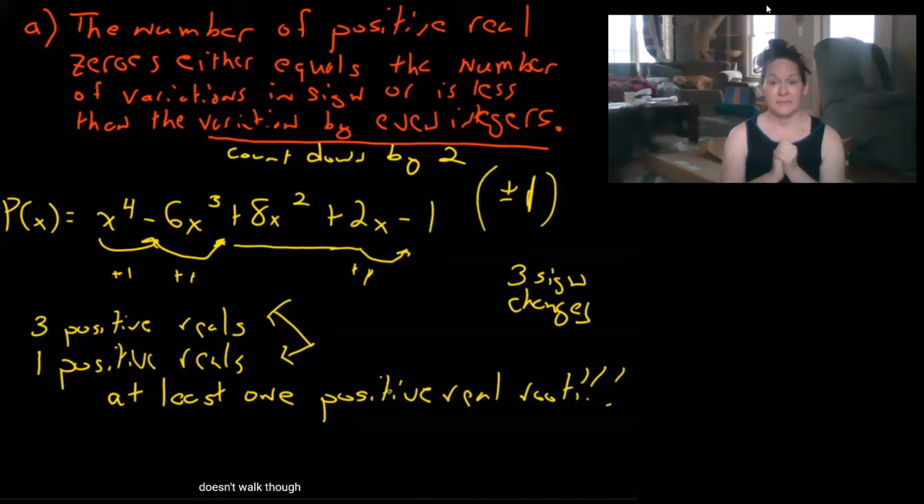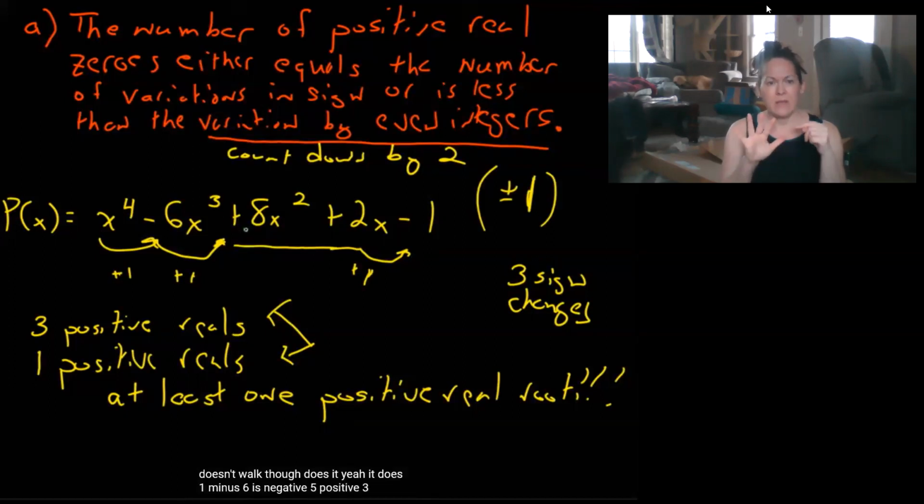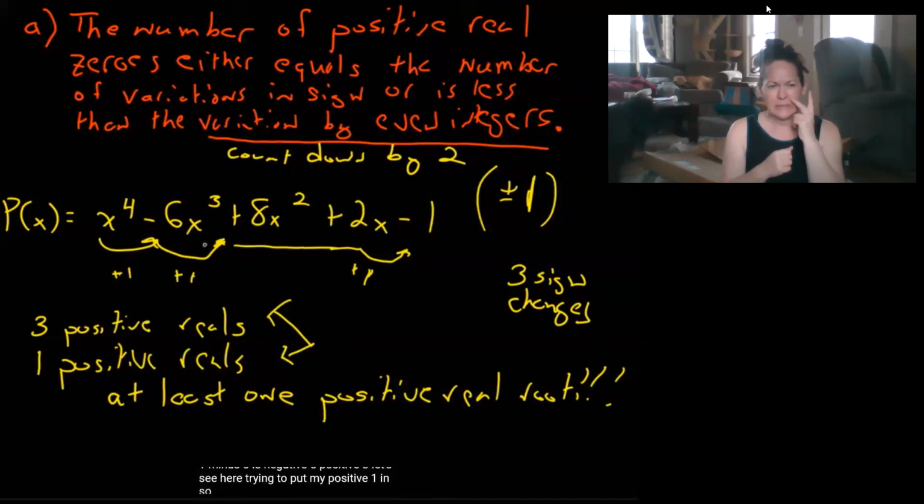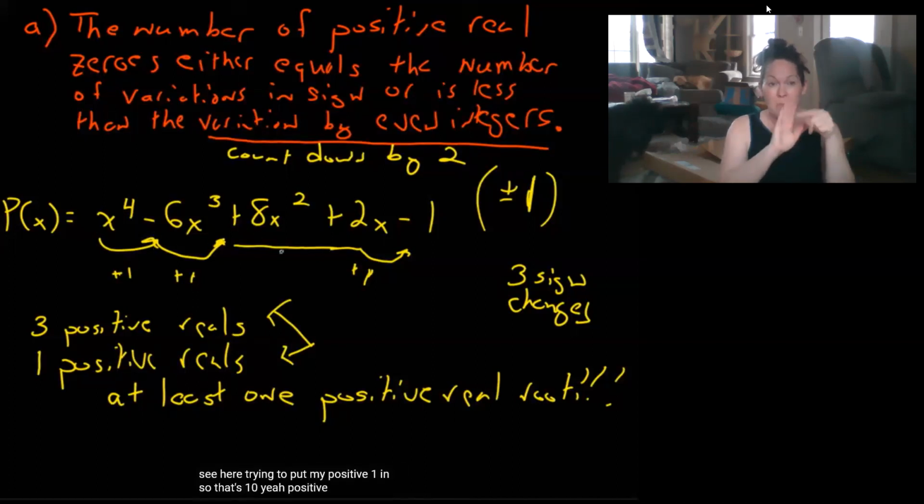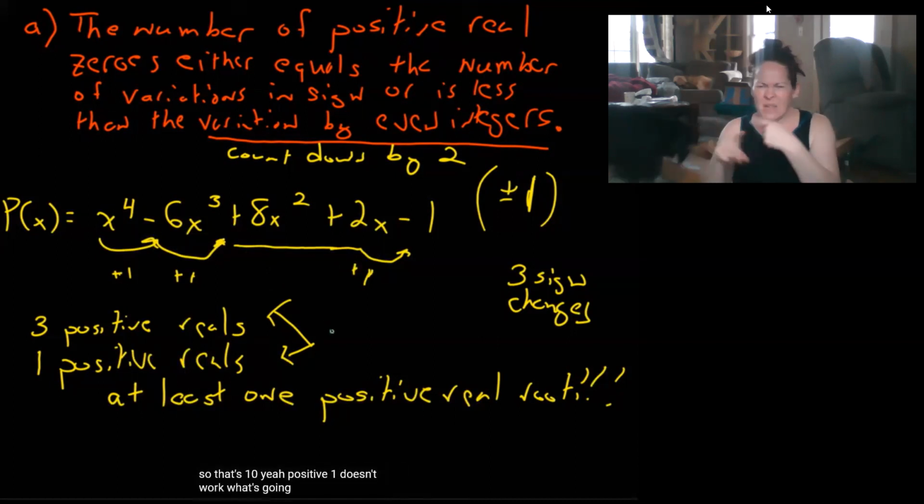It doesn't work though, does it? Yeah, it does. 1 minus 6 is negative 5, positive 3. Let's see here. I'm trying to put my positive 1 in. So that's 10. Yeah, positive 1 doesn't work. What's going on here?